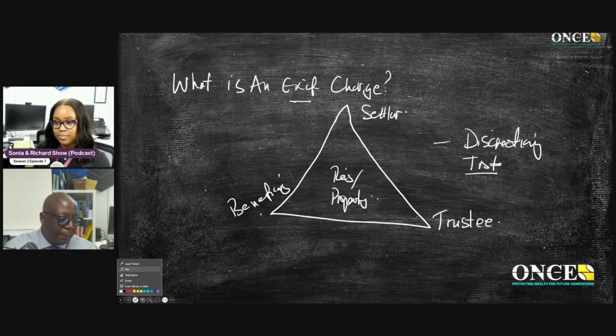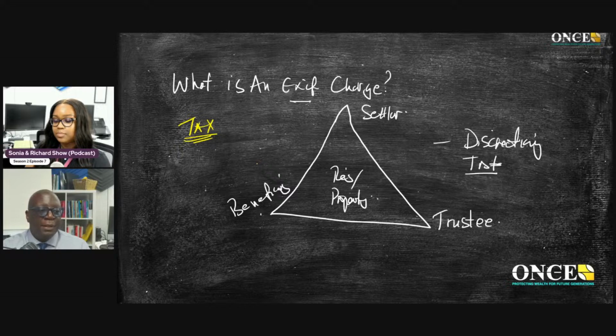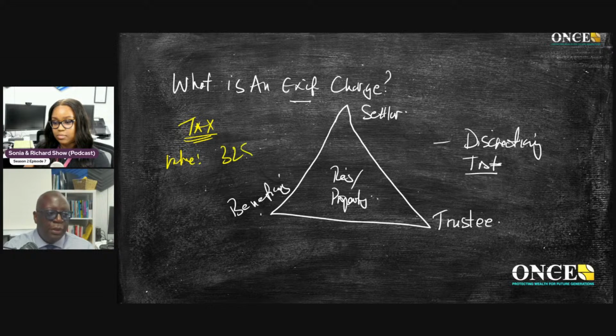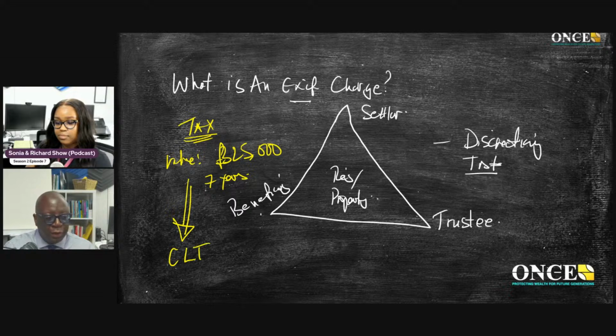So an exit charge, there are some rules. The main thing is all about tax. I know we don't like to talk about it, but it's important. The maximum you can put in a trust, value-wise, is £325,000 every 7 years. We call this, to be a little bit techie, a chargeable lifetime transfer.